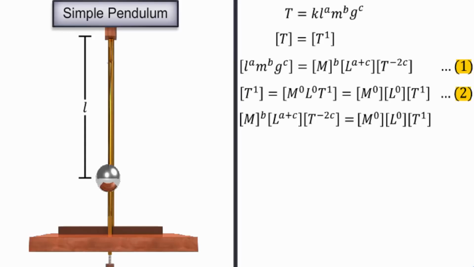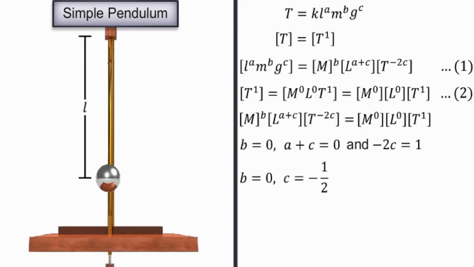Thus, we get B equal to 0, A plus C equal to 0 and minus 2C equal to 1. On simplification, we get the values of B equal to 0, C equal to minus half and A equal to plus half.